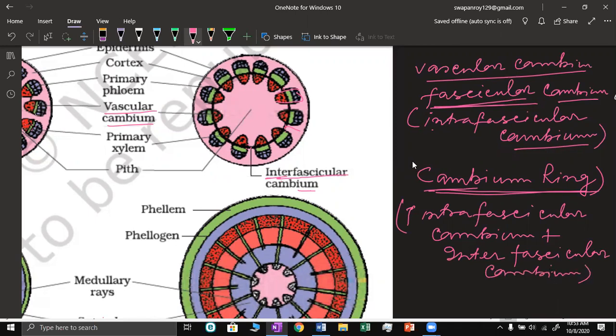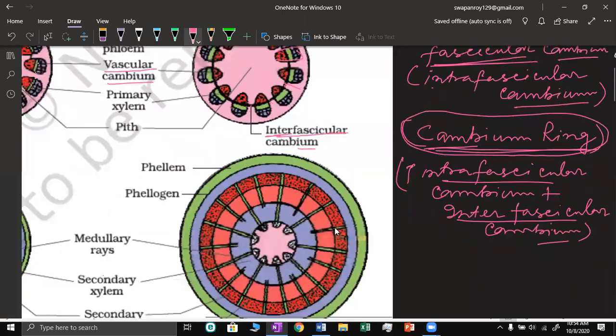So the vascular cambium ring is produced by joining intrafascicular and interfascicular cambium. First, the medullary ray cells in that line become meristematic, and this is interfascicular, so it becomes continuous, and this ring is formed.